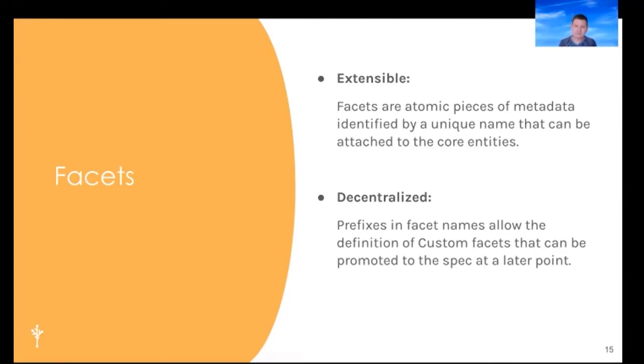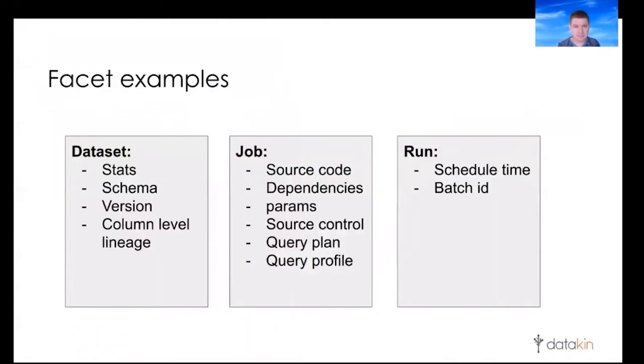It lets you define your own custom facet that clarify what are certain things from your own perspective, and lets you define facet without having to go through centralized approval process, right? So under your own prefixes and your own namespacing, you can define your own facet and attach your own perspective or specific type of data, metadata, even if it's not part of this core spec. And it lets you extend the core model and have this decentralized way of adding metadata.